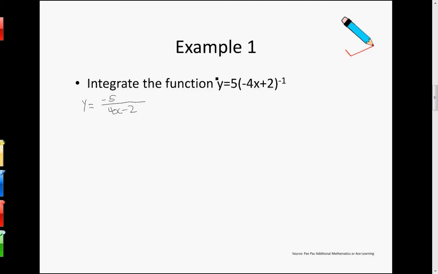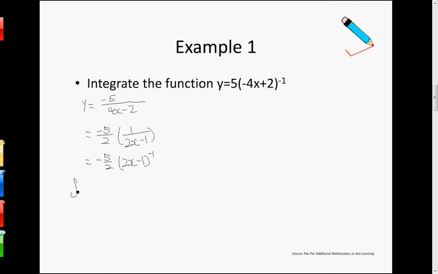What I have done here is I took out a minus sign from the denominator and put it to the numerator. So I can write this as negative 5 over 2 times 1 over 2x minus 1, which is negative 5 over 2 times 2x minus 1 to the power of minus 1.